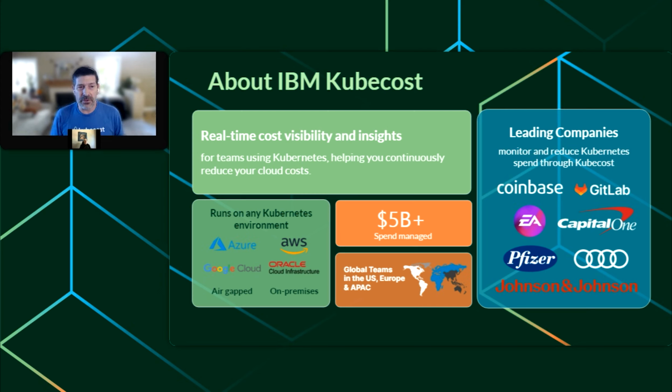And it helps them to understand their Kubernetes costs and continually reduce those costs without sacrificing things like performance or stability. It runs on any Kubernetes environment, whether that's AKS, EKS, GKE, on Red Hat, OpenShift, air-gapped, brewed at-home Kubernetes that you've spun up yourself.